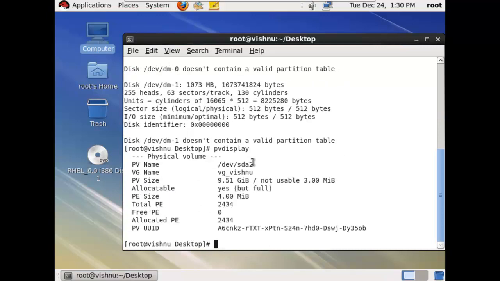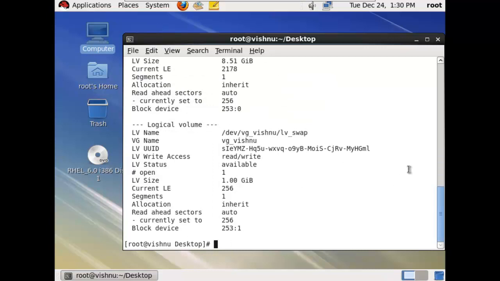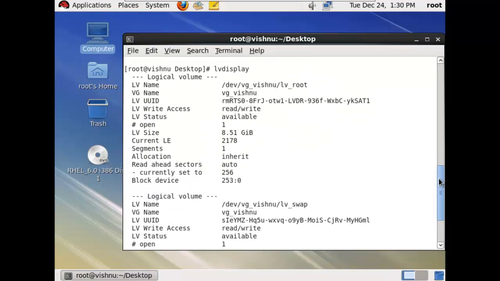Here guys, you can see that SDA2, which exists inside this dev folder, is a PV and its size is 9.51 GB. Now guys, if you want to see the LV, or you can say the logical volume, for that you will write lvdisplay, and you can see here your root partition and here your swap partition.